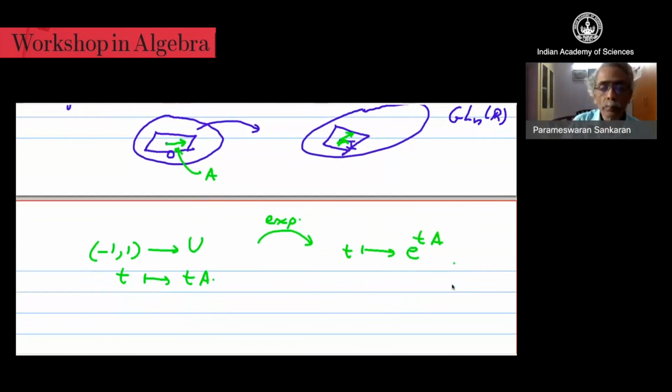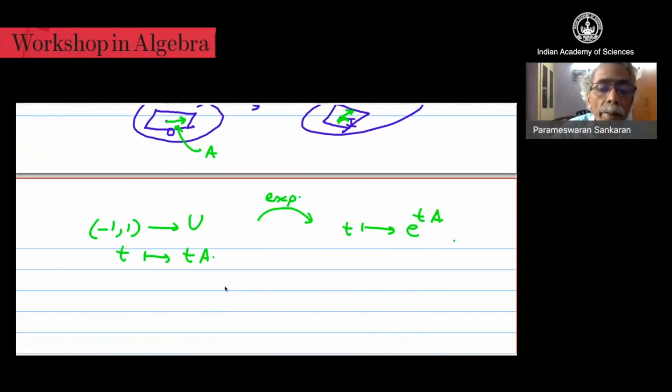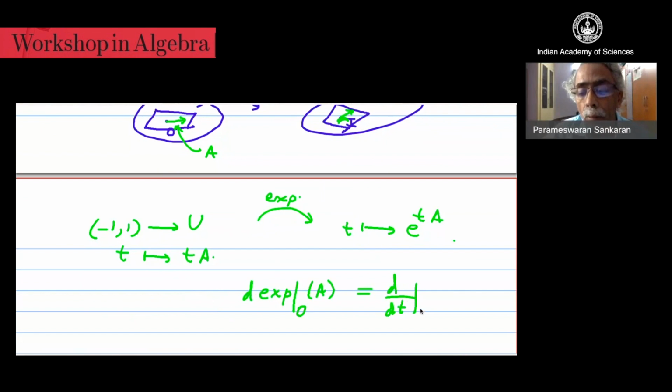Okay, and what is that d by dt? This d of exponential. What does it do to a tangent vector at origin? Tangent vector a. This becomes equal to d by dt at t equals 0 of this e power ta.